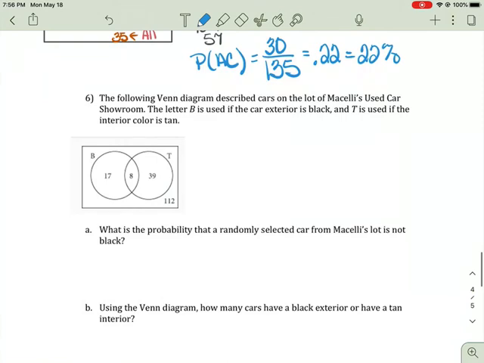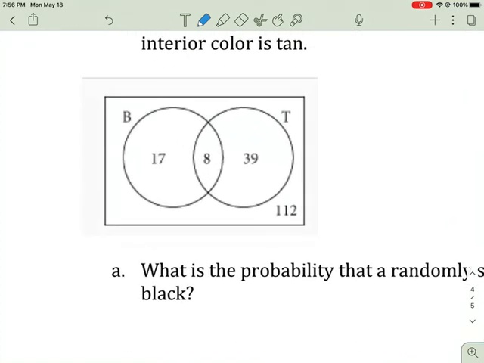Let's look at another Venn diagram because we haven't really worked with those before. The following Venn diagram describes cars on the lot of Marcelli's used car showroom. The letter B is used if the car exterior is black. T is used if the interior color is tan. So let's look at this for a minute.